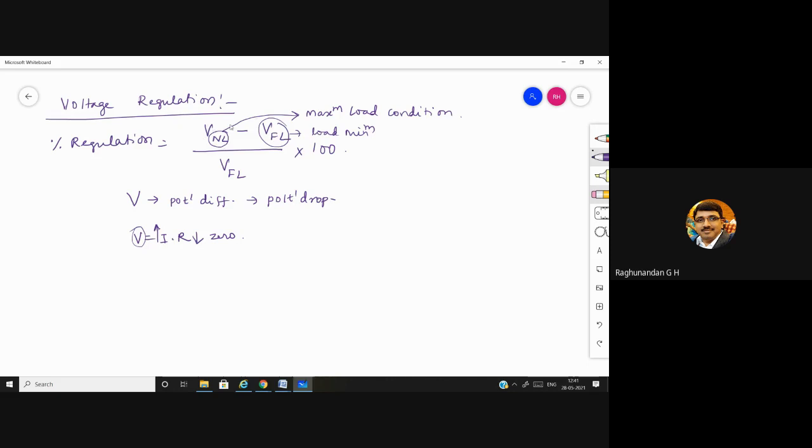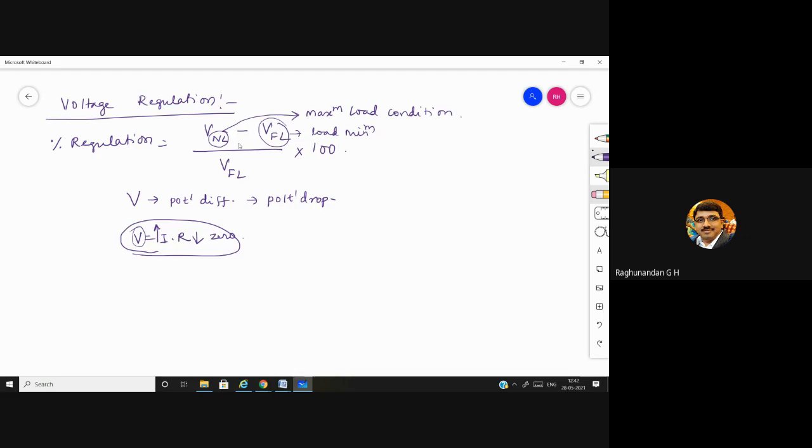Voltage is maximum only when resistance is maximum, as we discussed here. So the maximum load condition in which the voltage is maximum is known as V no load. V full load is the minimum load condition where the voltage is slightly minimum or minimum. So from this, we get the percentage regulation.